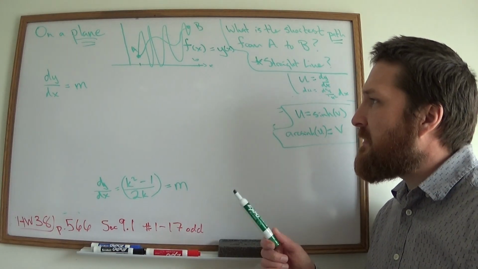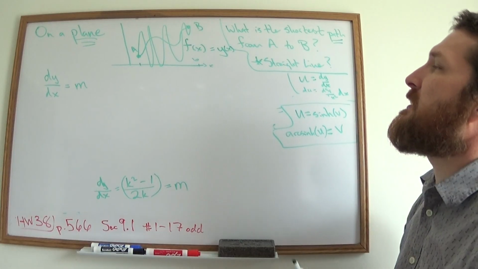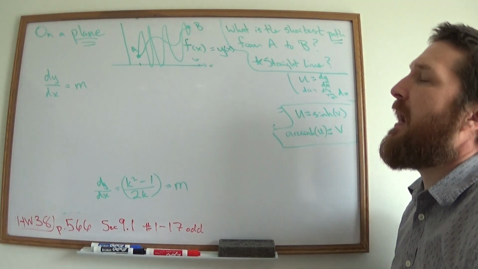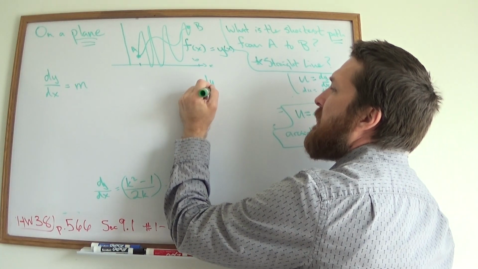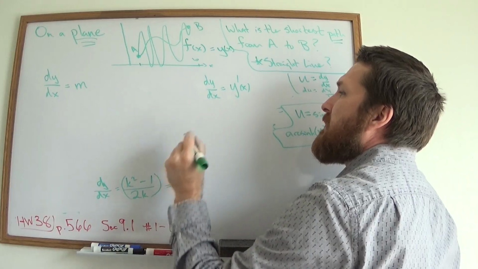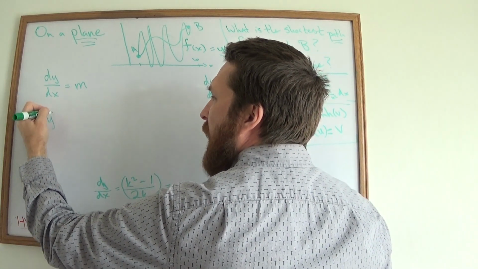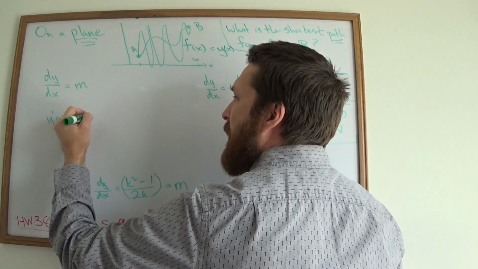Let's think about what this is. dy/dx is the derivative of the function itself, the derivative of our path. In other words, dy/dx is y prime of x. So we have y prime of x equals m.